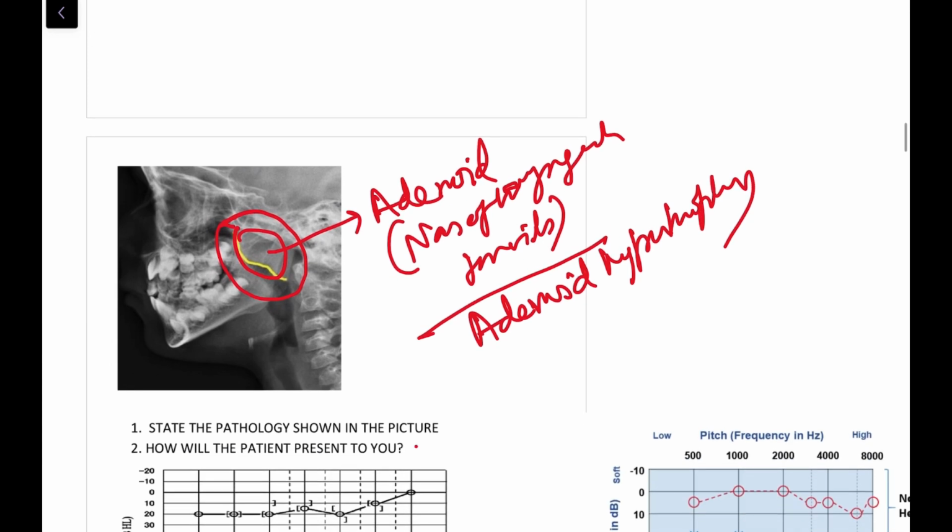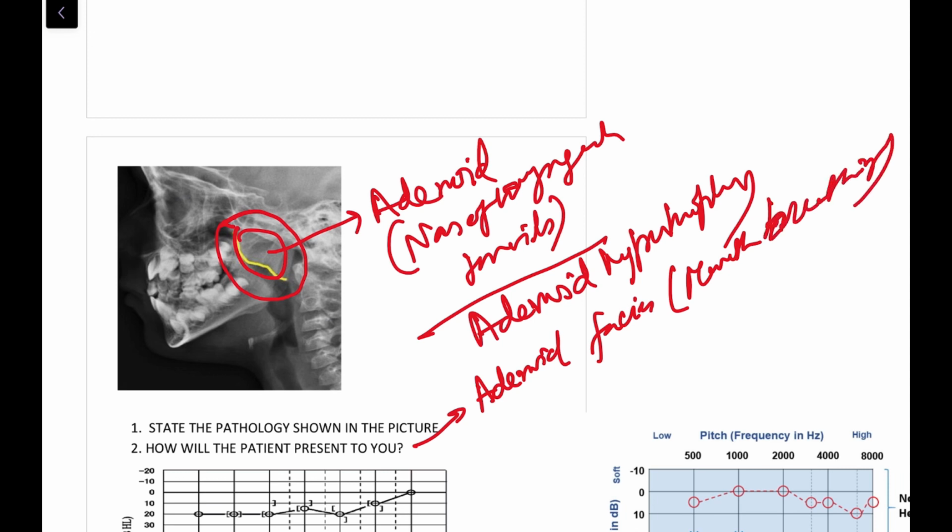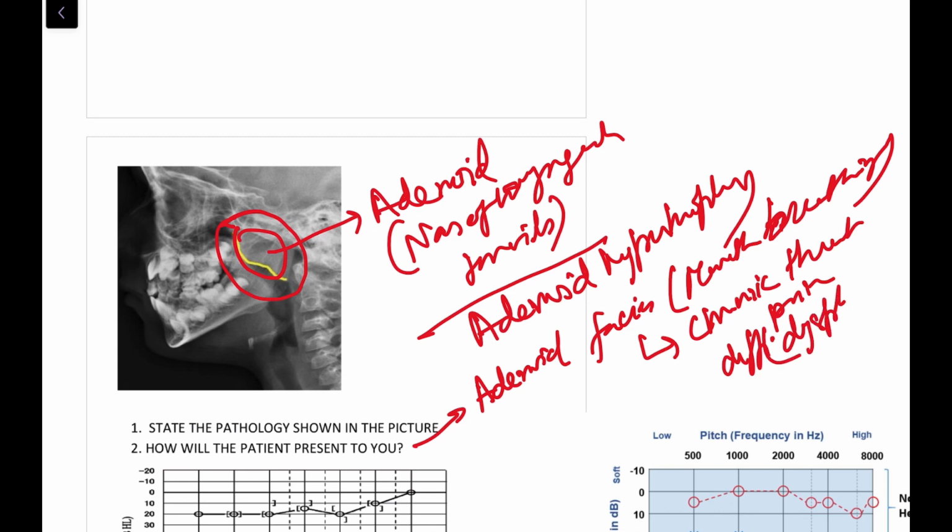So the patient will present to you with adenoid facies, mouth breathing, and since adenoid hypertrophy is most commonly associated with chronic tonsillitis, it will also present with a chronic throat pain and difficulty in deglutition, dysphagia.